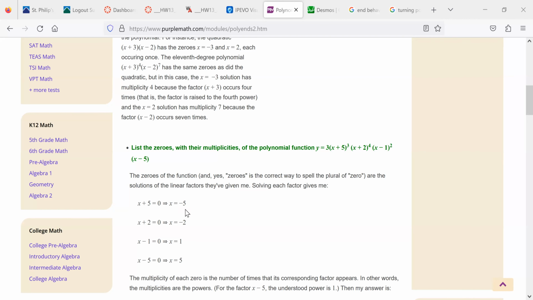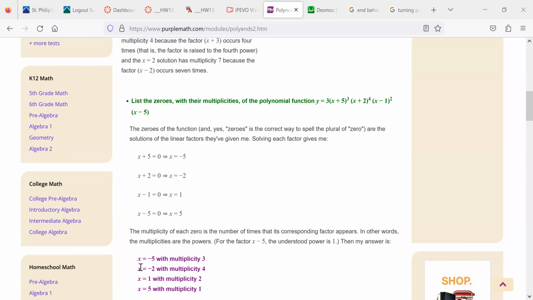If you solve for it, you'll get these values. See how they're solving it here? So now all you got to do is check the number on the power. That factor has multiplicity 3 on the first one. The next one has multiplicity 4, and so forth.